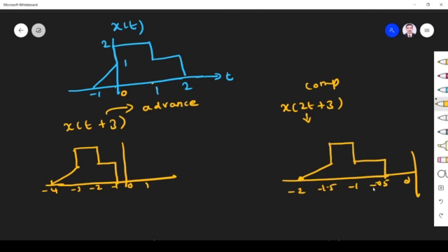So it will go from minus 2 to minus 0.5. The y-axis is the same, 2 will be maintained. So this is x of 2t plus 3, compressed. Don't think that it is big. It is minus 2 only, minus 0.5. For the visibility I have drawn it like this. Actually it will be compressed.